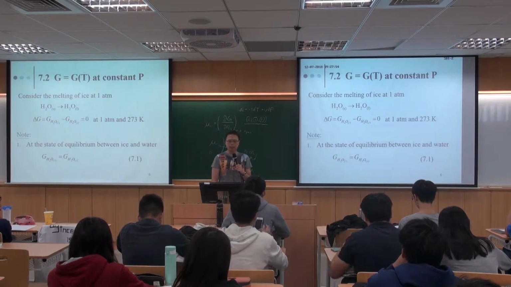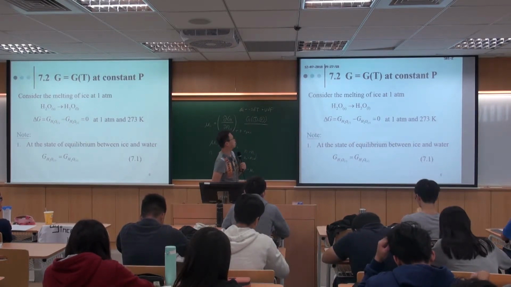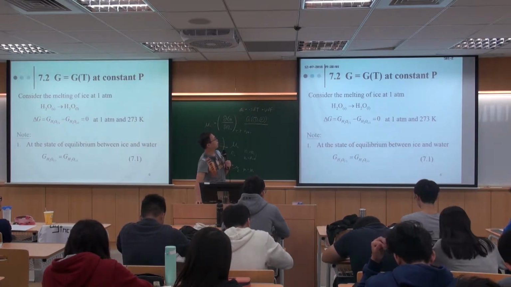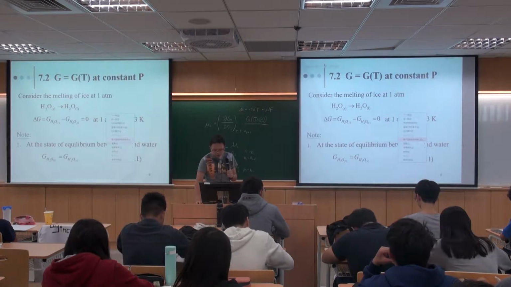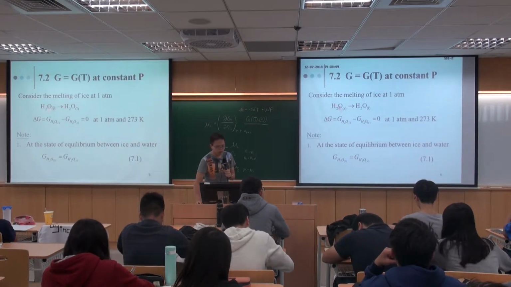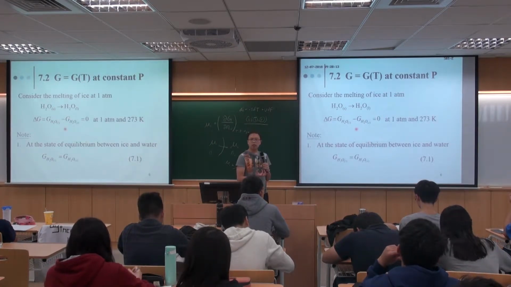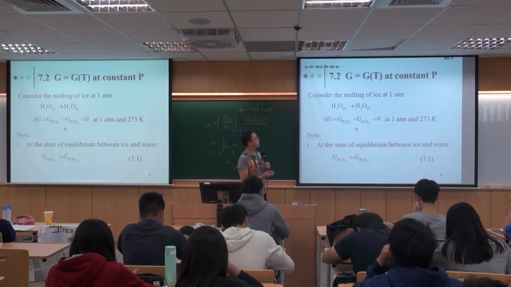Okay? And so the simplest material system, like I mentioned earlier, will be water, because we know how water should act at room temperature and also at normal conditions. So if we look at the simple melting process, you have H2O, originally, for instance, in the solid phase, it's ice, and then it will be melted into water in the liquid phase.